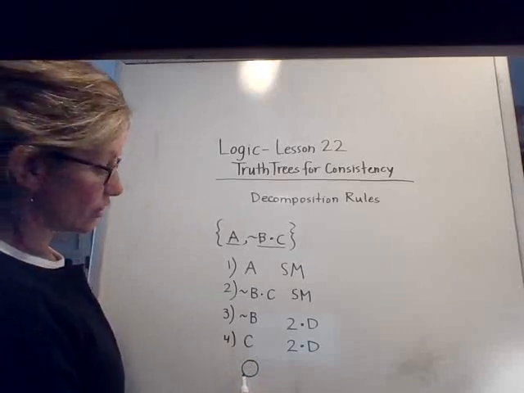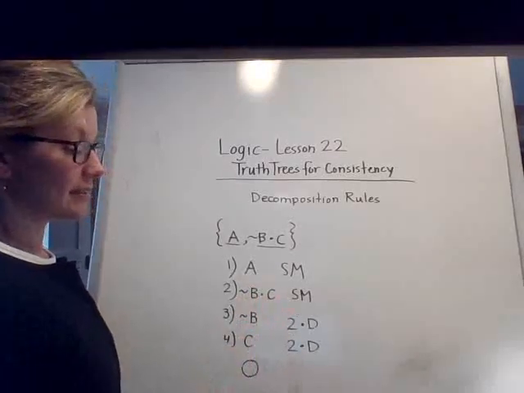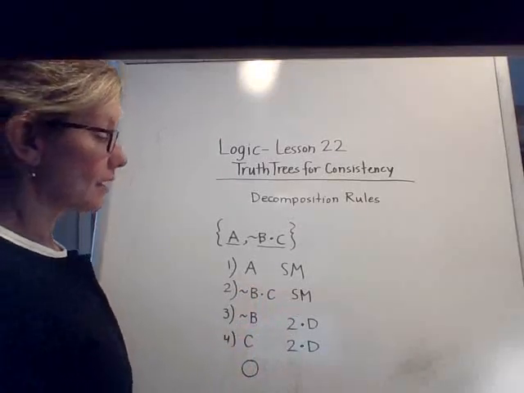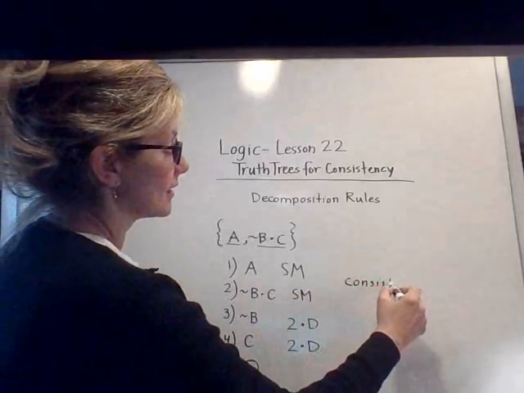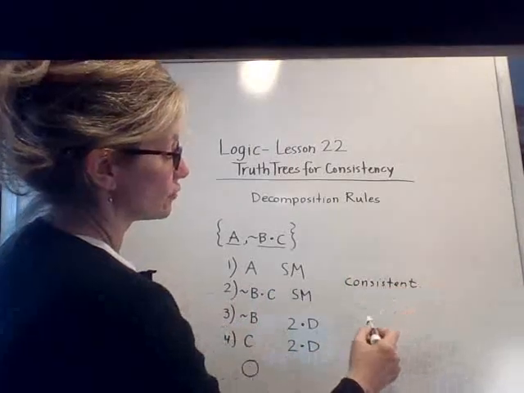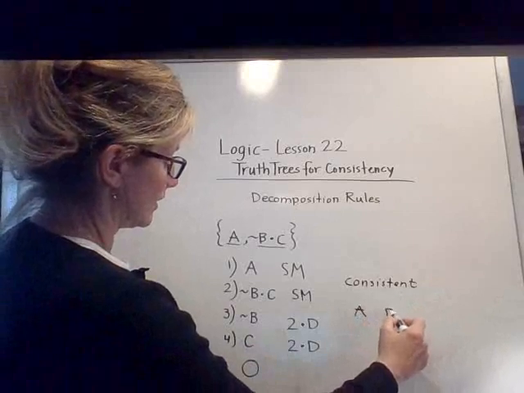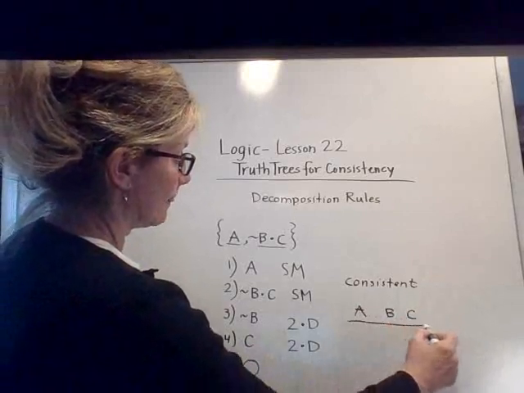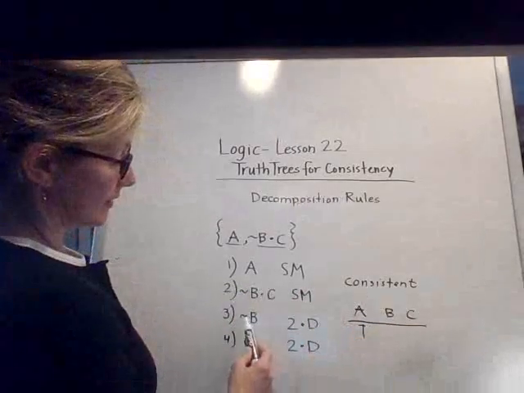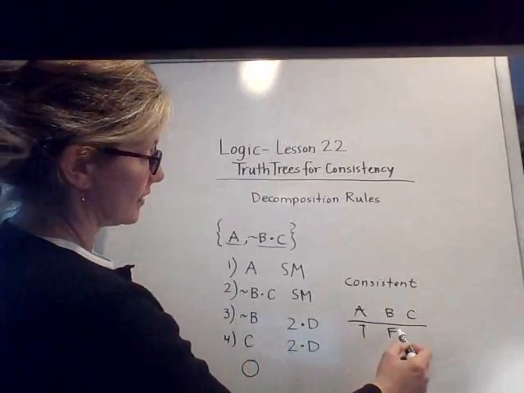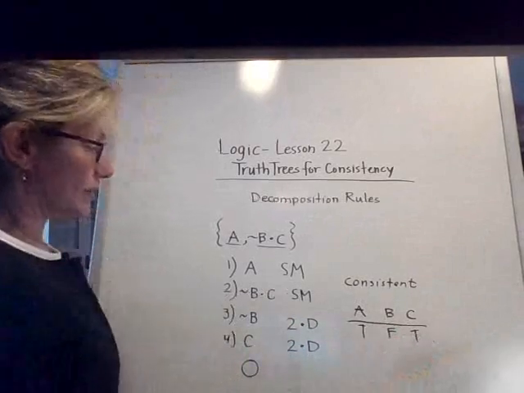And that means that this proposition is consistent. Now when a proposition is consistent, we can write down the truth values. So we have an A, a B, and a C. And we see that A is true, B is not true, so that would be false, and C is true. There are the truth values.